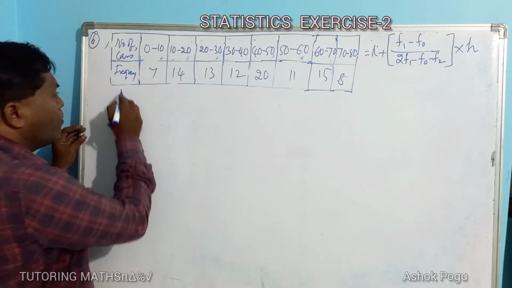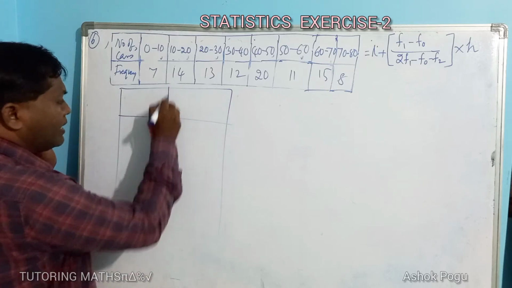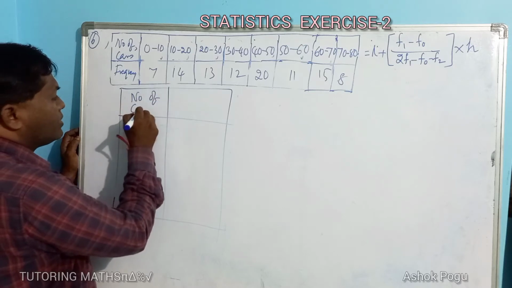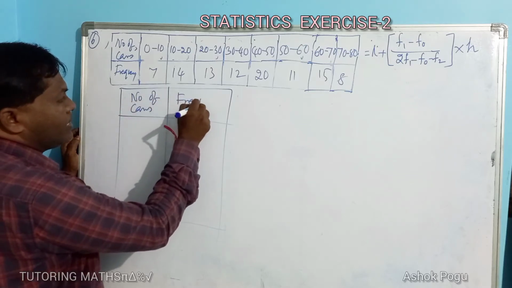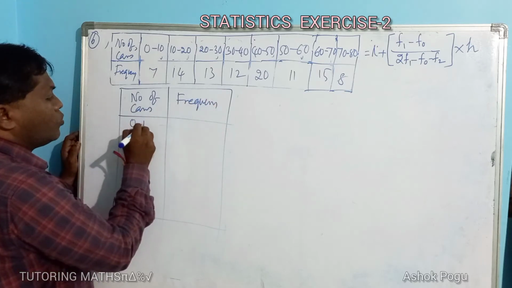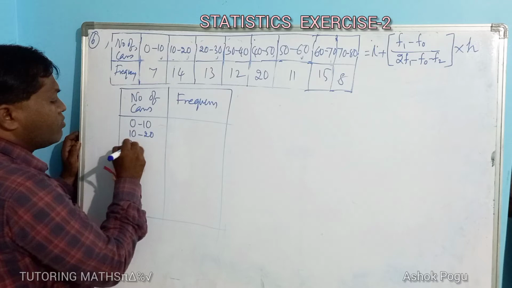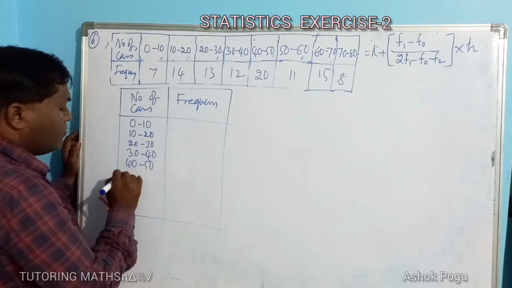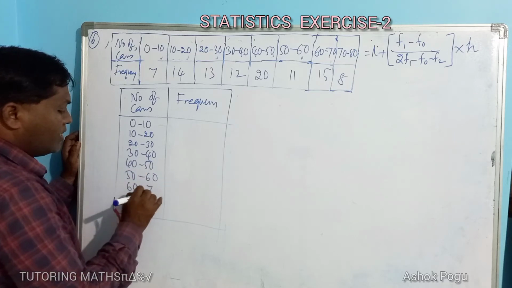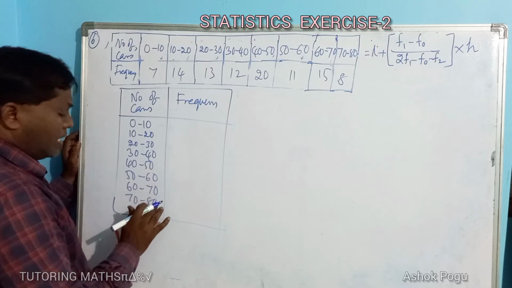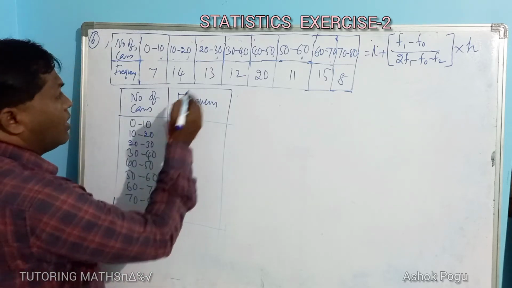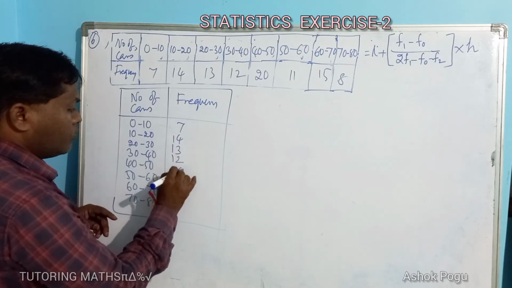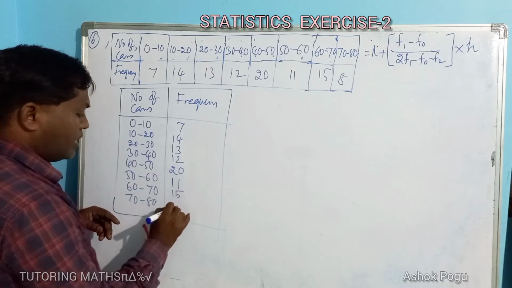You know that the mode can be found by taking the question as it is, number of cars and frequency. Number of cars 0 to 10, 10 to 20, 20 to 30, 30 to 40, 40 to 50, 50 to 60, 60 to 70, 70 to 80, and the frequencies are 7, 14, 13, 12, 20, 11, 15, 8.